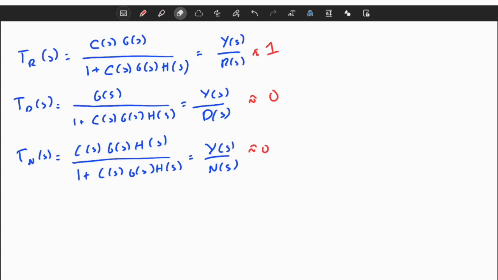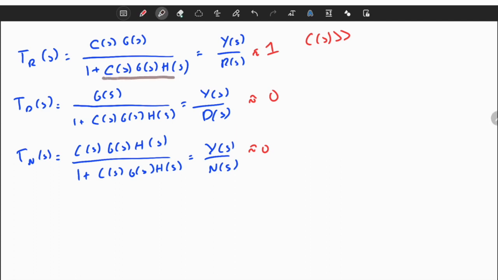Good. So we want this to be approximately equal to 1. What can we do? As you can see, if C of S is very large, huge compared to G and H, a high gain system, then this part will dominate the numerator behavior.